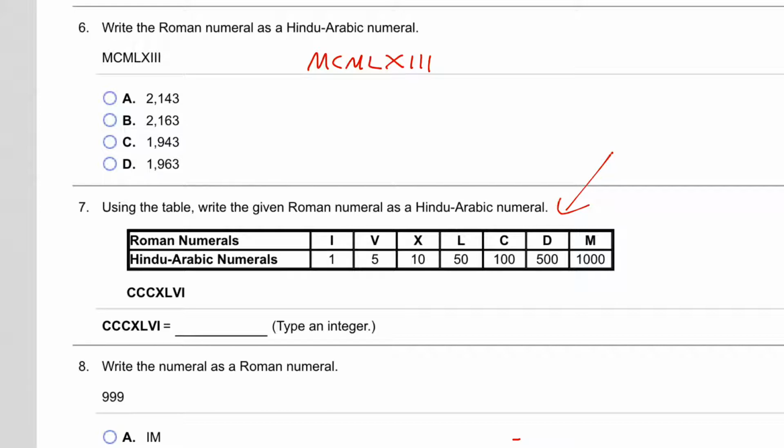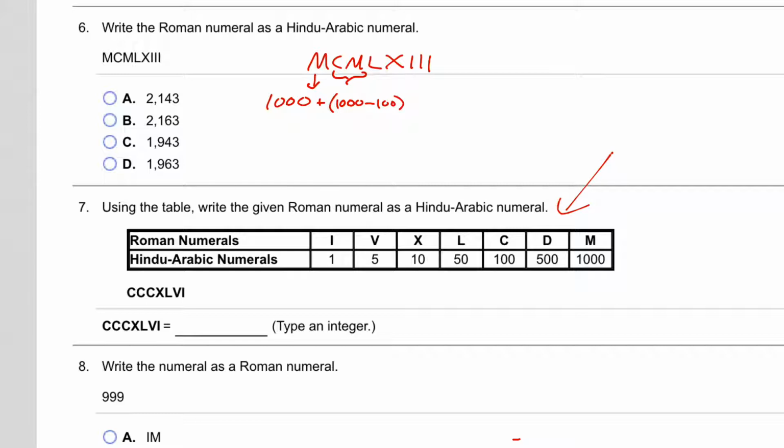Okay, so M is 1,000. And then we have CM, because C is smaller than M, so that's 1,000 minus 100.